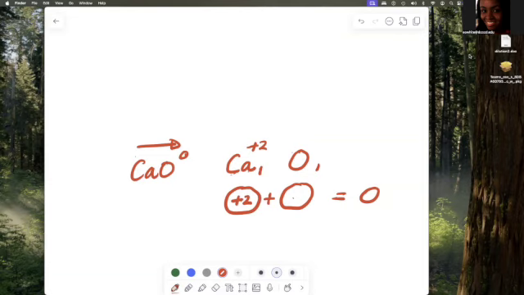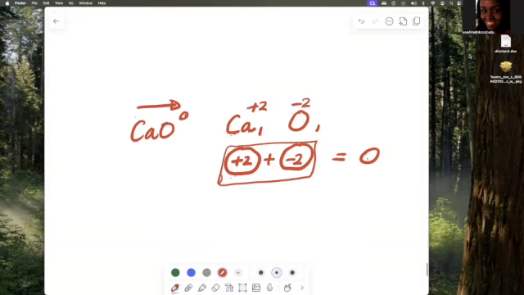Let me say it this way: you have to ask yourself, what oxidation number must oxygen be, so that when you add the oxidation number from calcium and oxygen, we get 0? The simple answer is -2. Sometimes I feel like I'm trying to overdress it up, right? Oxygen has to adapt to calcium. Oxygen has to be -2 in order for the total oxidation states to be 0. So calcium is +2, therefore oxygen has to be -2.